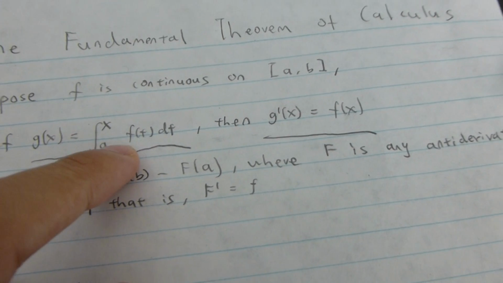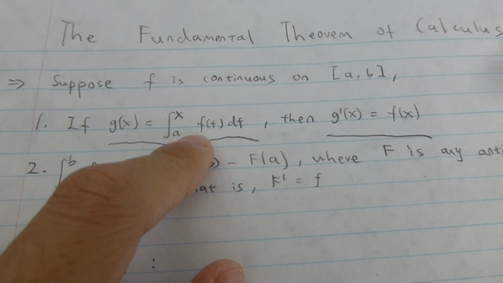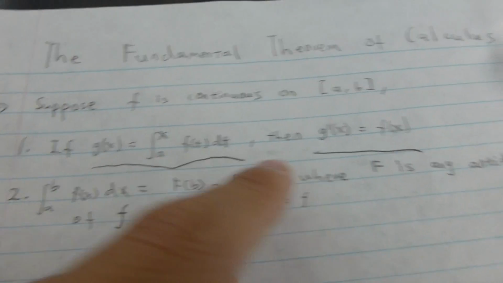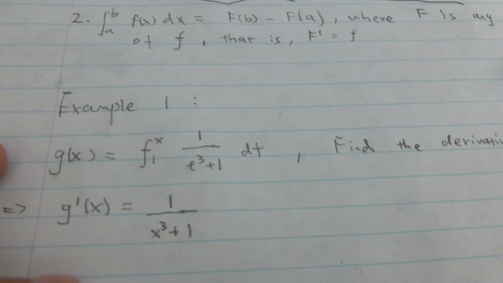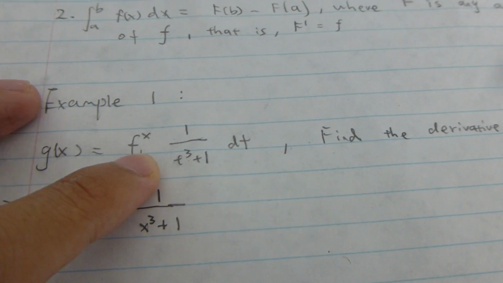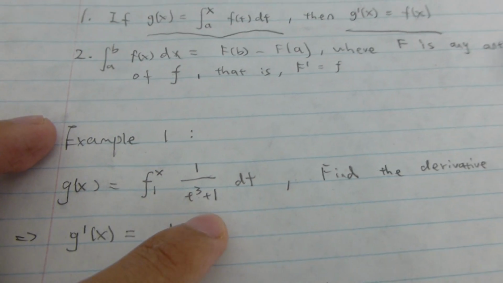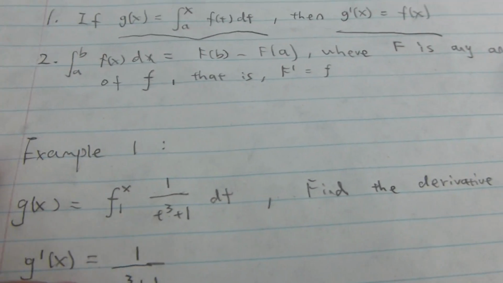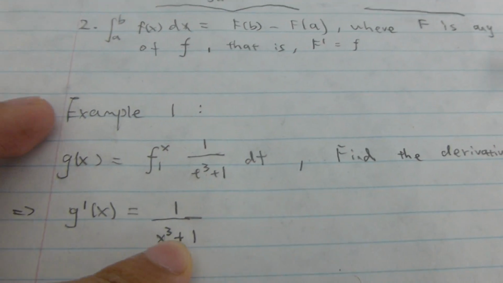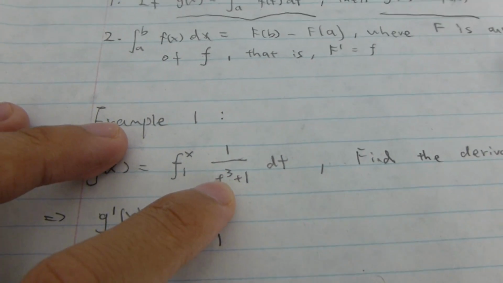You don't need to do any other operation. The only thing you have to do is replace t with x. So you basically copy this part down and replace t with x.